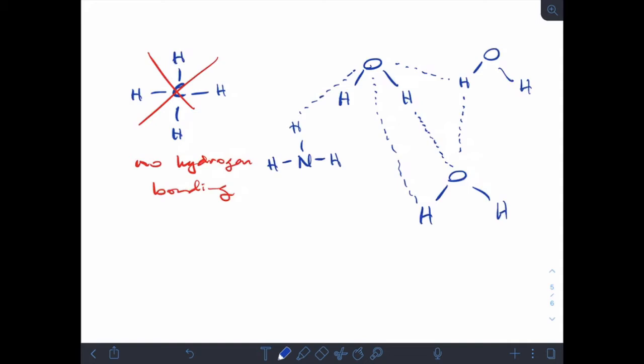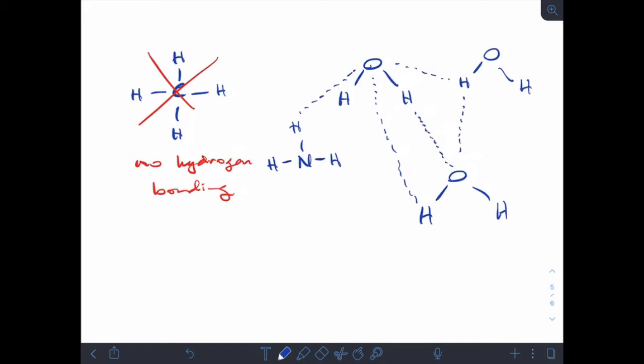So, hydrogen bonding is responsible for ice floating, of all things. Because ice floats, that's how our planet helps to maintain temperature and why aquatic life can live through winters in places that are cold.